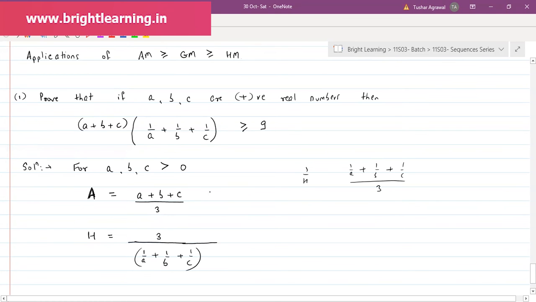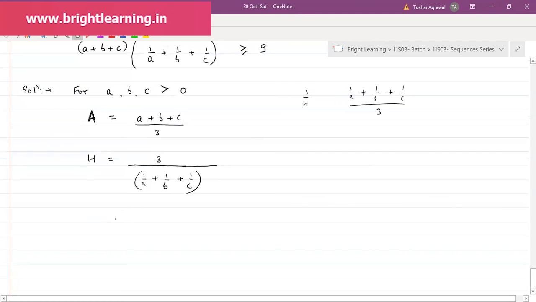This is the definition of arithmetic mean and harmonic mean. Now, what result do we have? We have that A is always greater than or equal to H, since they are arithmetic mean and harmonic mean of positive numbers.